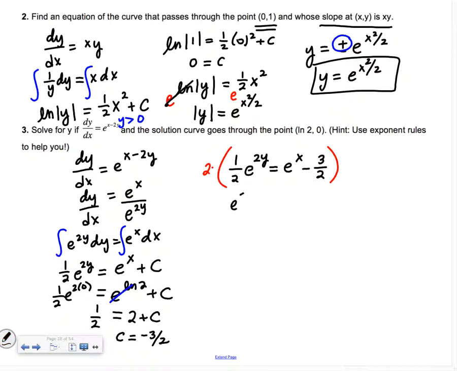So when I do that, I get e to the 2y equals 2 e to the x minus 3. Okay, and we want to solve for y, so we're going to take the natural log of both sides. So natural log and e cancel, so I get 2y equals natural log of parentheses 2 e to the x minus 3.